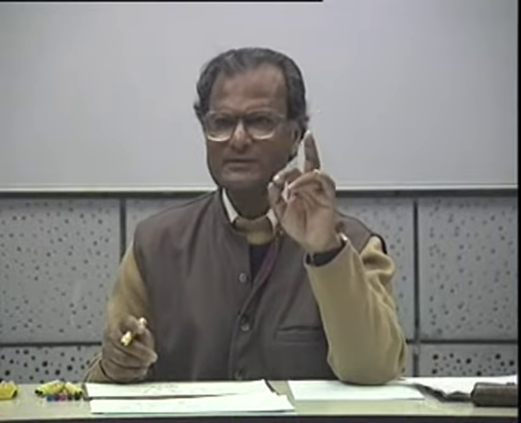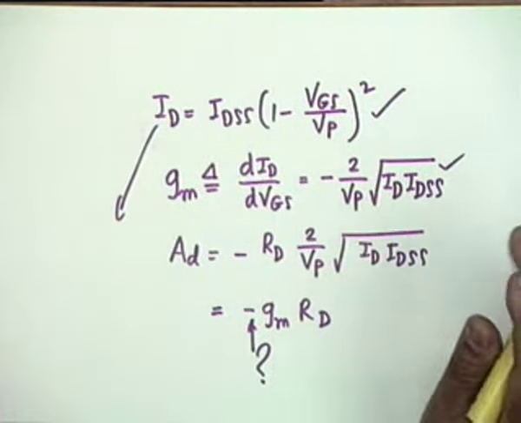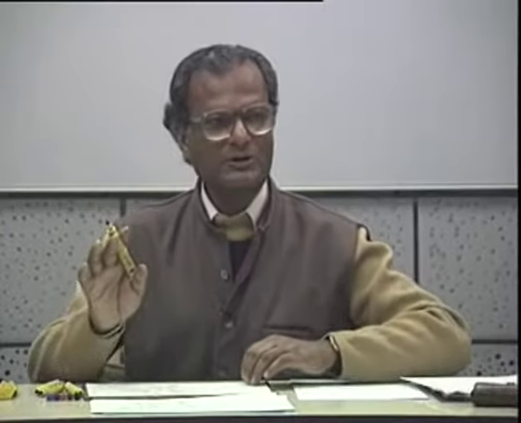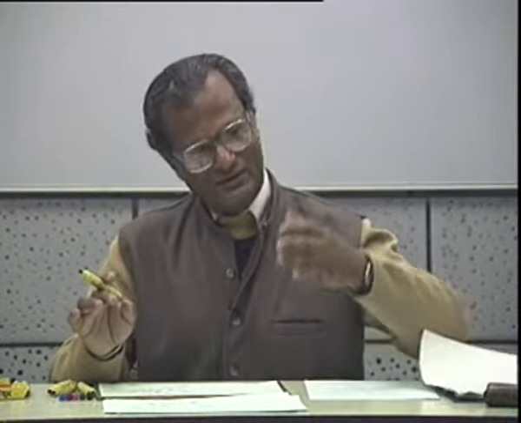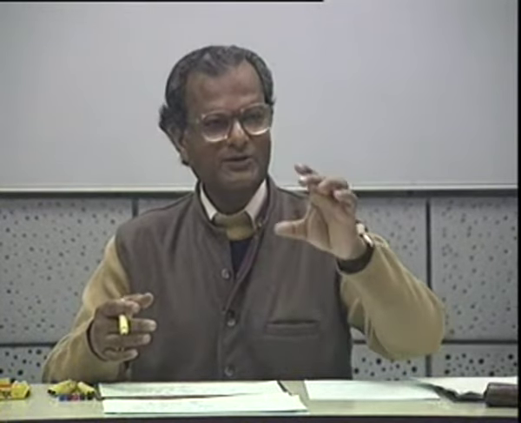Now, what was the question? What is the significance? How can the conductance be negative? GM is negative. Oh, GM is not negative. You see, VP is negative, so GM is positive. But GM can be negative. You should not worry about GM being negative. It is not the current and voltage across the same terminal.